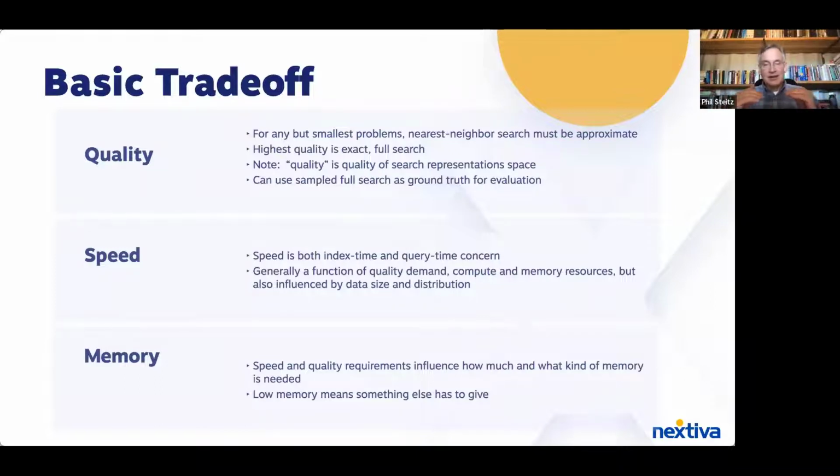How good is my approximate nearest neighbor algorithm? Does the approximation that my indexer makes actually give me the same nearest neighbors as I would get if I exhaustively looked at every single vector? That's what quality means here.